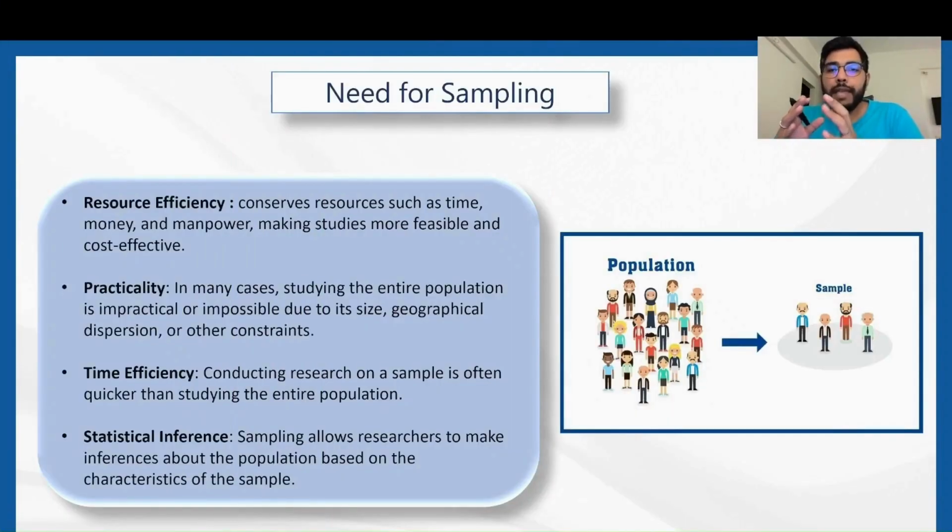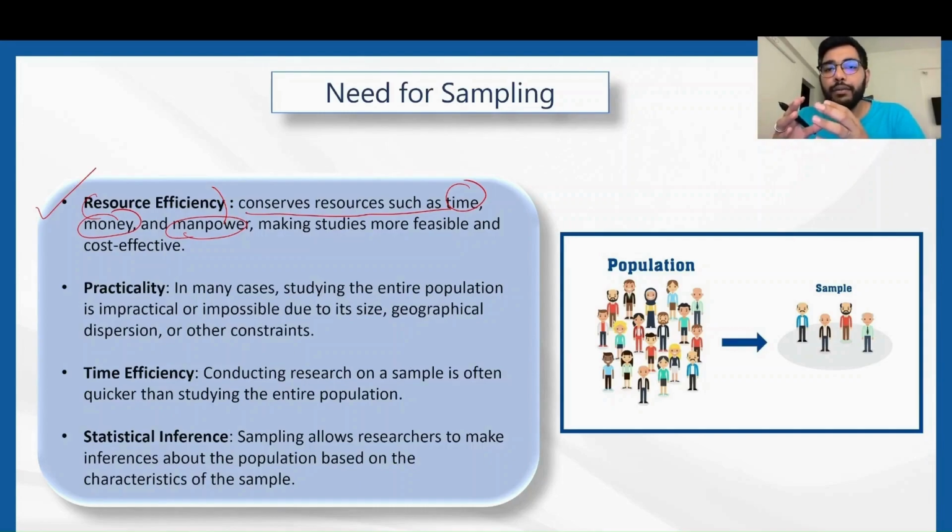Now, coming to the need of sampling, or why do we need sampling in the first place? The first and most important advantage of using sampling in inferencing a population is its resource efficiency. That is, it conserves resources such as time, money, manpower, making studies feasible and cost effective, right?